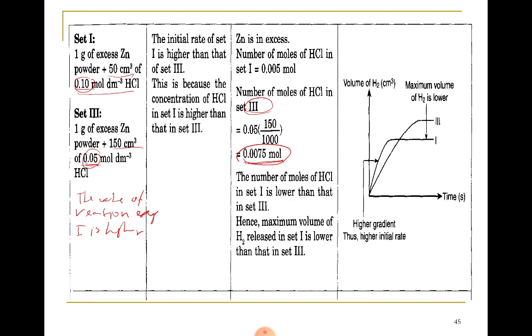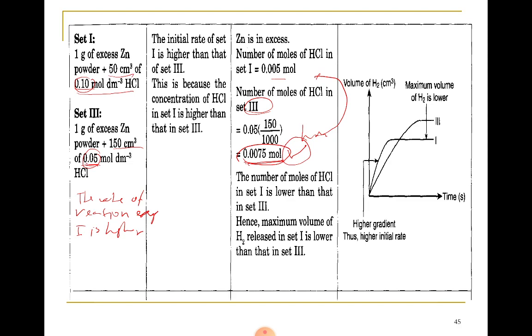Kat eksperimen 1 pula kita dapat 0.05. So, kalau kita tengok, the number of mole in set 3 is higher, which means the hydrogen gas release also higher. The volume of hydrogen gas release also higher than experiment 1.